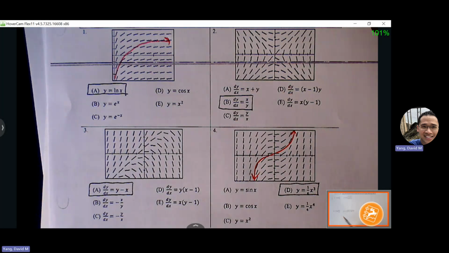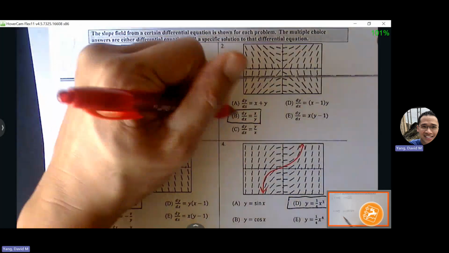Number 2, how is it x over y instead of y over x? Yeah, I think that's the hardest part, right? We know it's down to these two here.